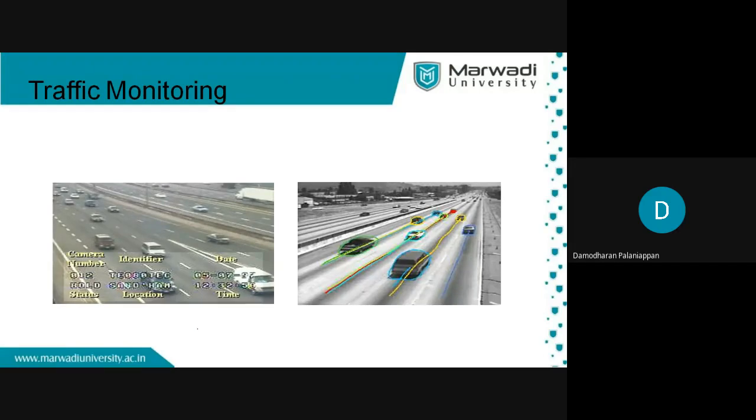In a traffic violation, there will be a camera. The camera should capture the vehicle while it is moving at high speed. While capturing, the image will be blurred. You want to convert it into a readable image. For that purpose, we are able to use the image processing system.